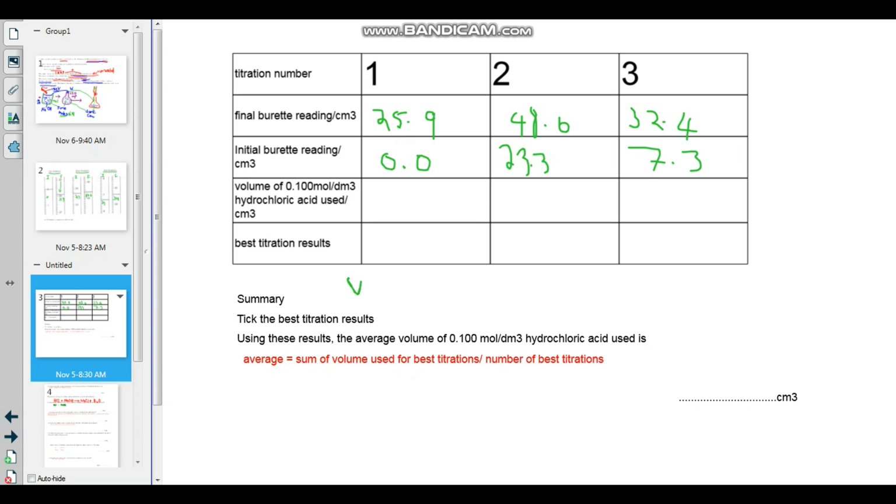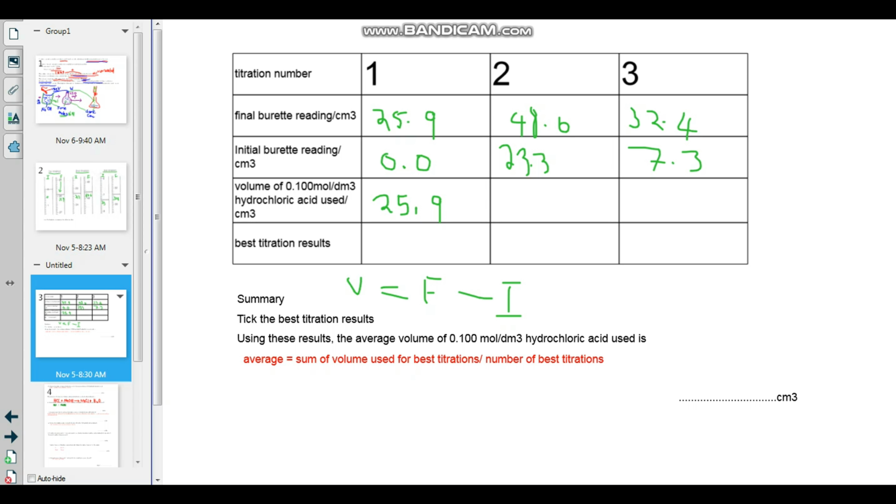Calculate the volume used. The volume used is equal to the final volume minus the initial volume for each titration. So subtract the initial reading from the final reading to get the volume used. In the first titration, our volume used is 25.9 cubic centimeters.